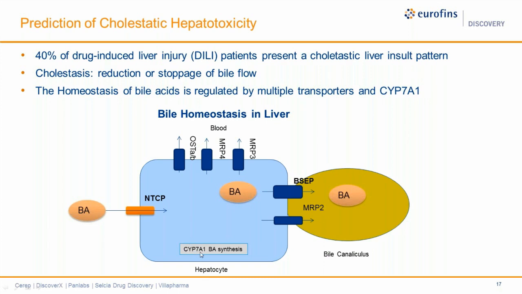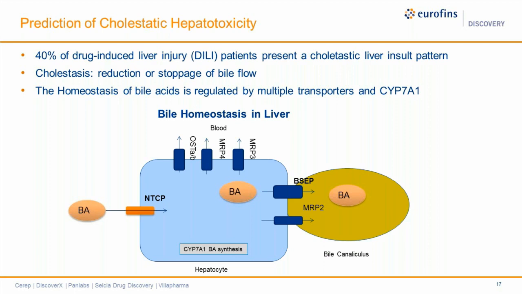And CYP7A1, which is the enzyme that catalyzes the bile acid synthesis in hepatocytes. This synchronized activity among transporters and enzymes keeps the bile acid in balance in a healthy liver.